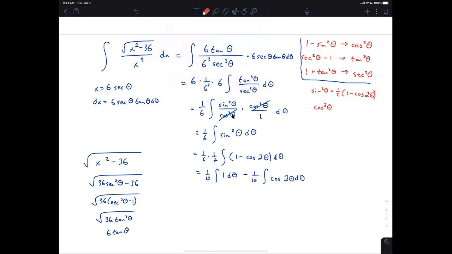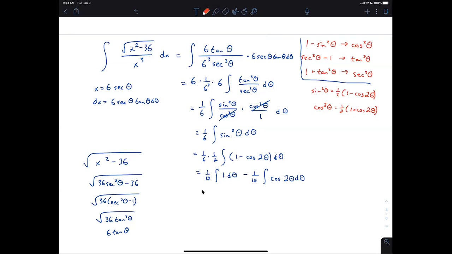Somebody in chat's asking for the half angle formula for cosine. We don't need it on this problem, but you definitely need it for a lot of problems. And so it's that, okay? And it is right that they're both cosine. The difference is minus for the sine squared and plus for cosine squared. Okay, so we get it to here.